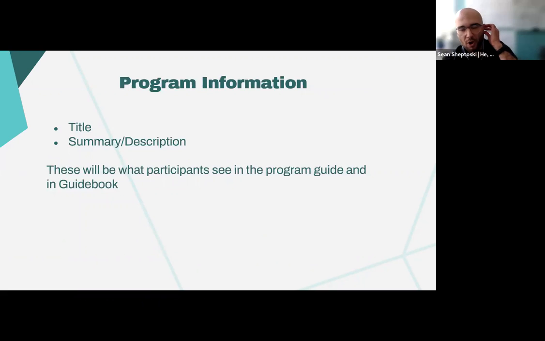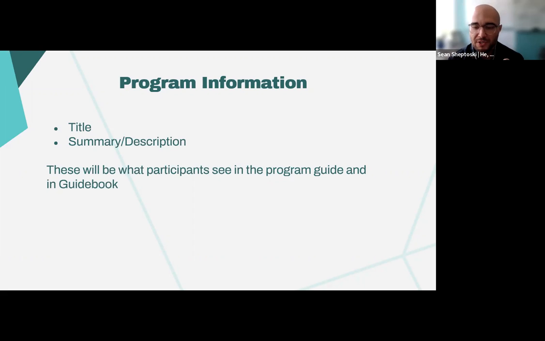So next is program information. And this becomes important because this is what participants will see in the program guide and on their guidebook app. So a relevant, attention-grabbing title, something that describes what your session is, but something that will also kind of catch participants' attention.